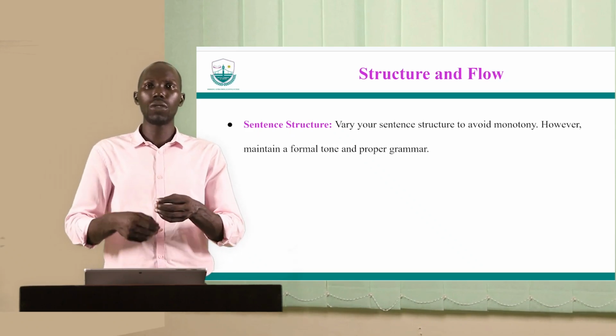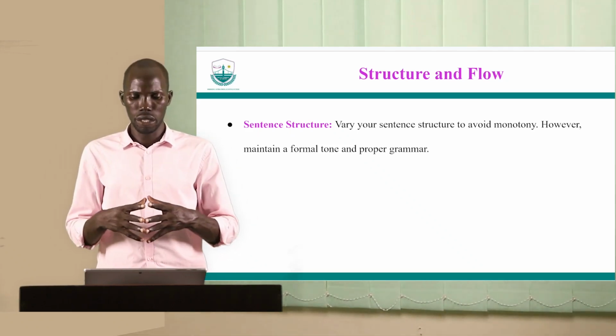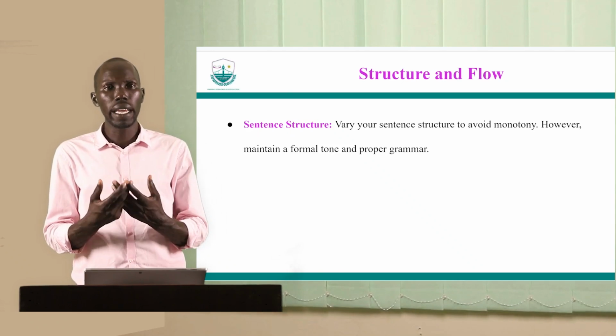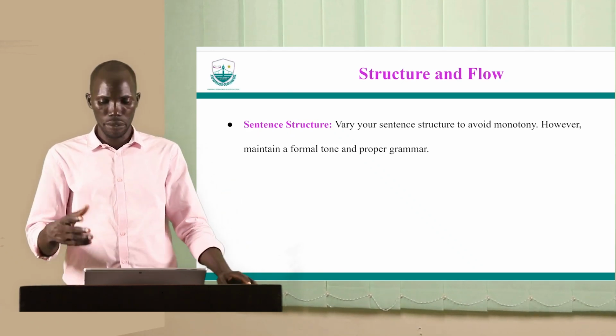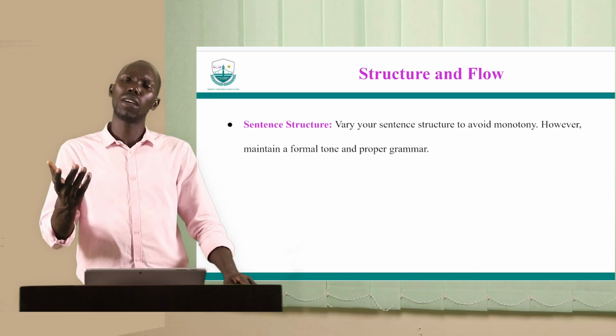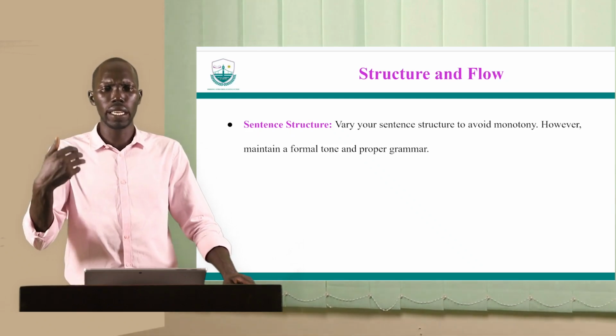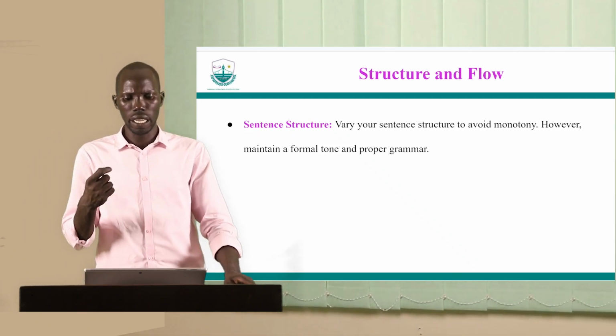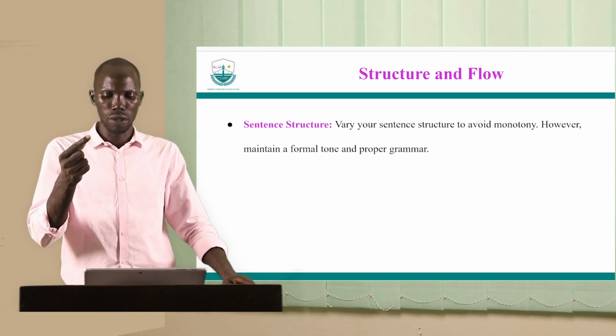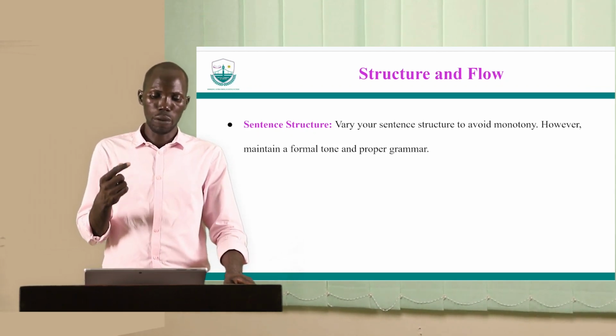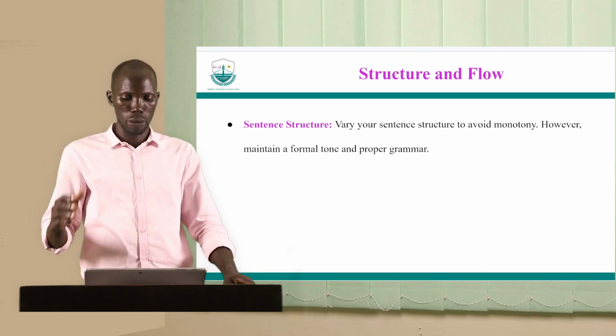If you don't vary in your sentence structure, it is more likely that you will bore the examiner if it is an examination. And if you are to be examined and you bore the examiner in the first place, chances are high what the examiner gives you would be minimal, and none of you would pass with minimal scores.